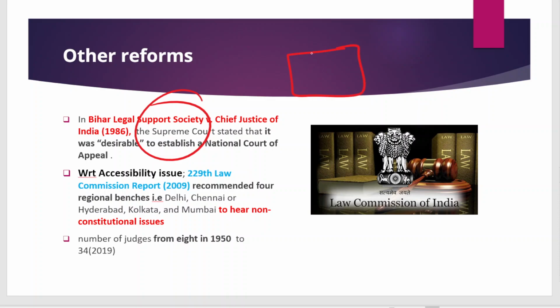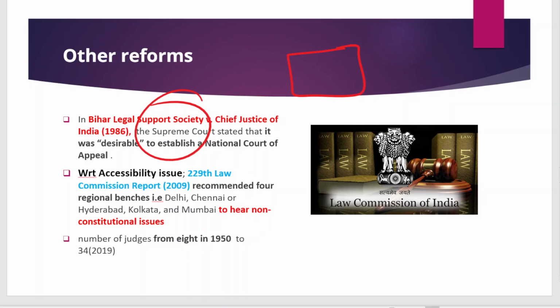Because currently, the Supreme Court will hear the appeal, no doubt. But currently, the Supreme Court deals with the maximum number of cases with respect to appeals. So this increases the burden and minimizes the time to hear the constitutional case.